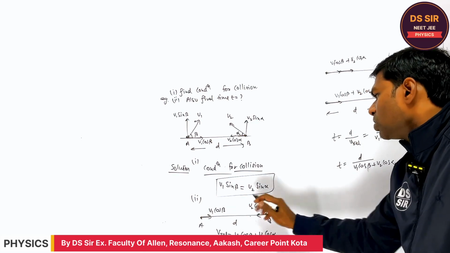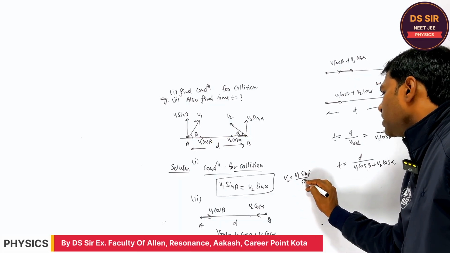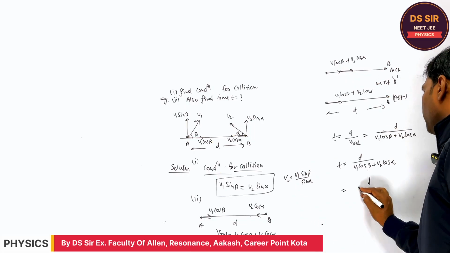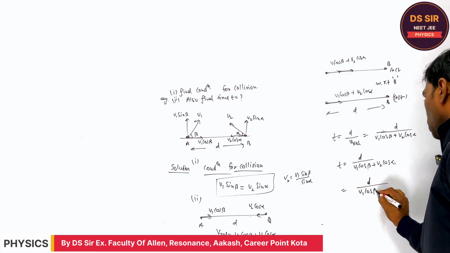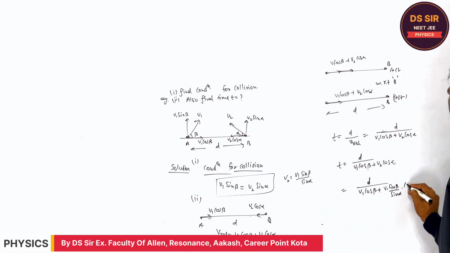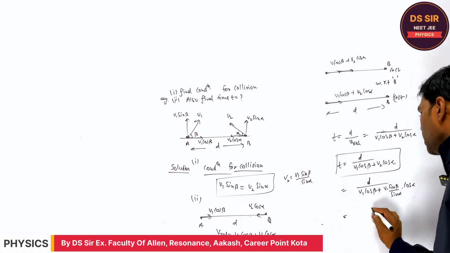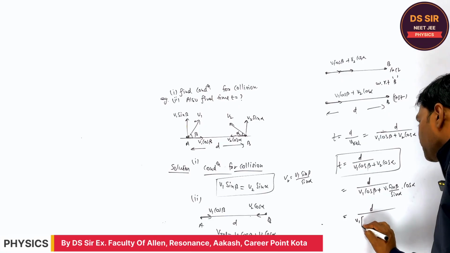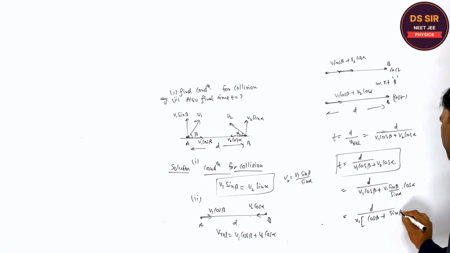Also, this expression can be used to find the velocity. Suppose this is v2. So the v2 value is v1 sin beta upon sin alpha. If only v1 is given in the question, then for v2 I will put v1 sin beta upon sin alpha, into cos alpha. In terms of v1 only, you take v1 common, and this is cos beta plus sin beta cos alpha upon sin alpha.